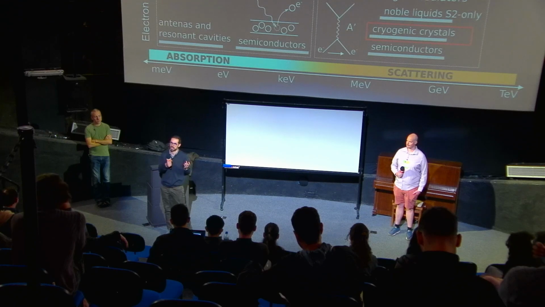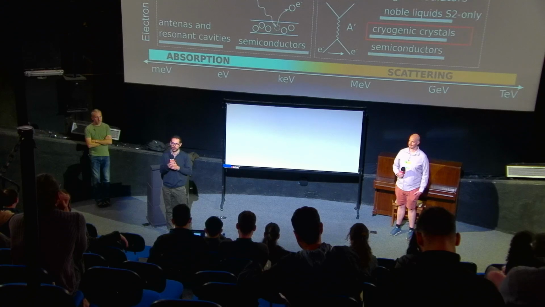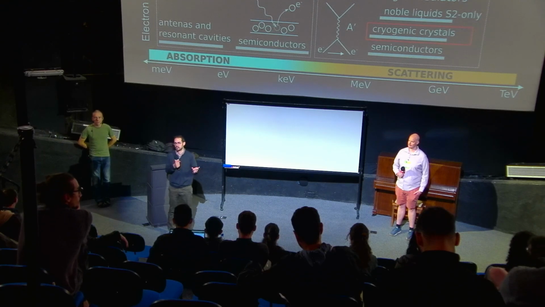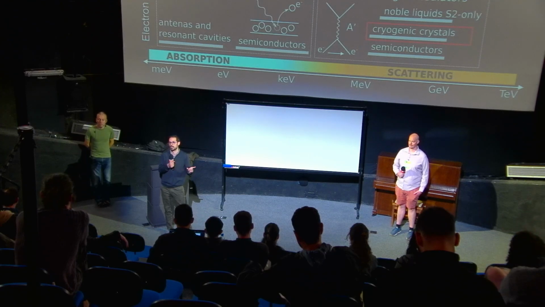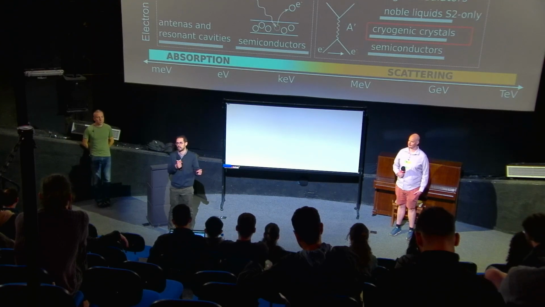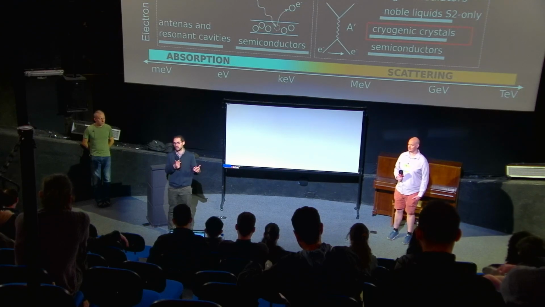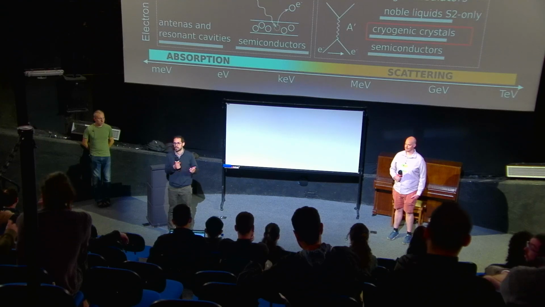There are regions that are accessible for search of displaced vertices on a fixed target, like HPS does. HPS has a sensitivity in terms of displaced vertex of order of tens of millimeters. So we expect a particle produced with a GeV order of magnitude of energy to travel of order of millimeters. But you can also have a very long-lived particle.